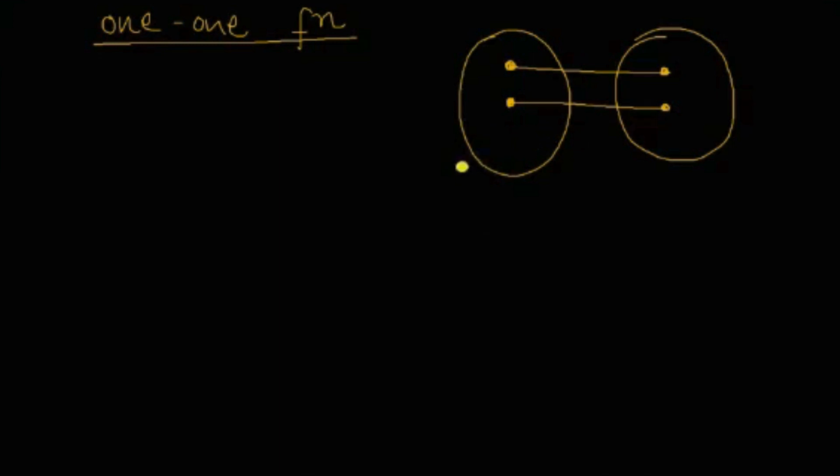If you had an f of x1, and for that you have a range value y1, then you cannot have f of x2 equals y1. You will basically try to prove that when you're showing it as one-to-one.